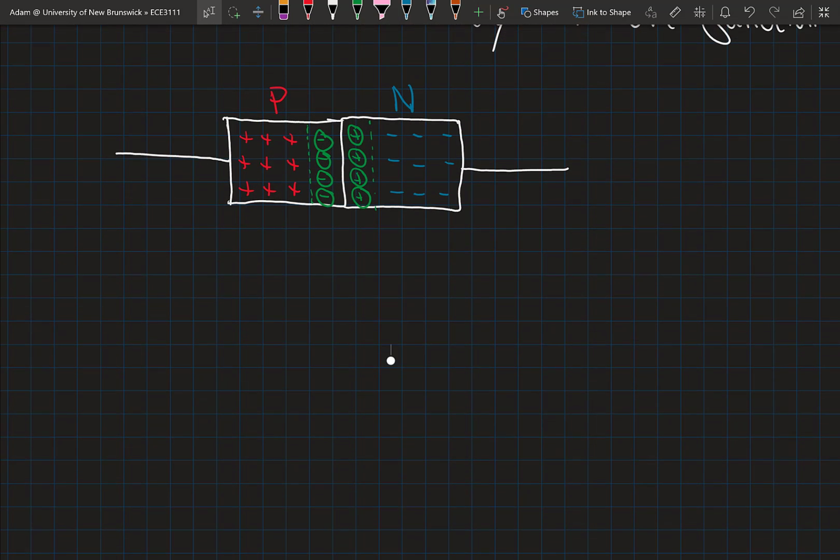Okay, so now we have a region on both sides of the junction that is absent of charge carriers.